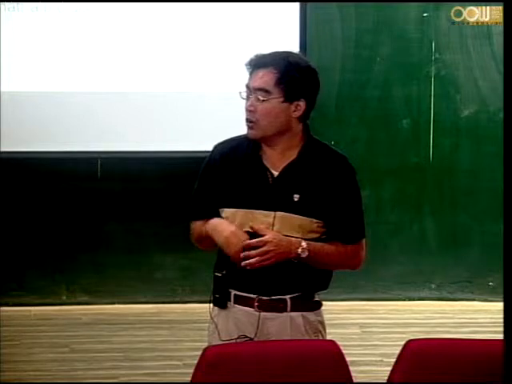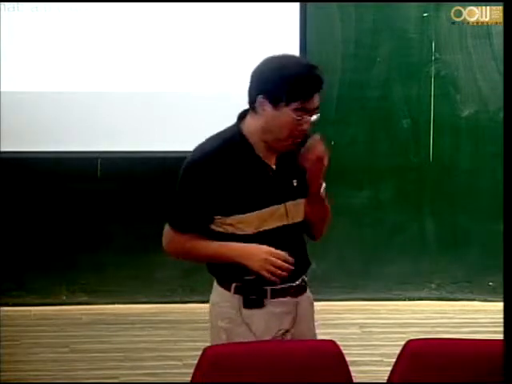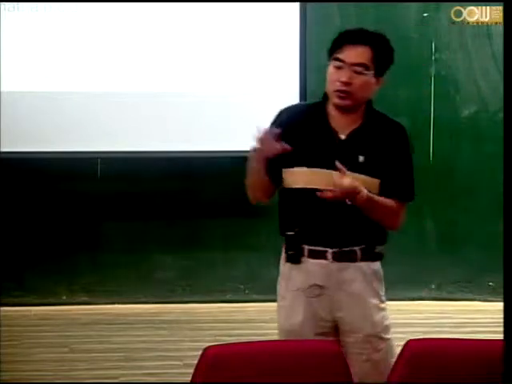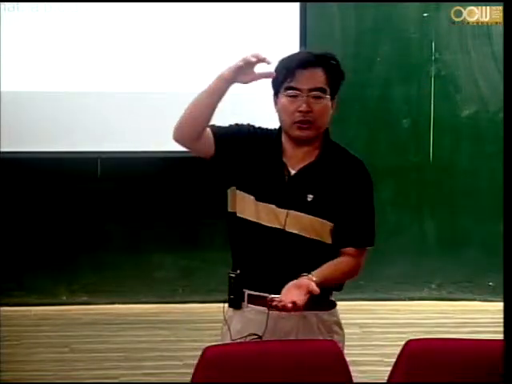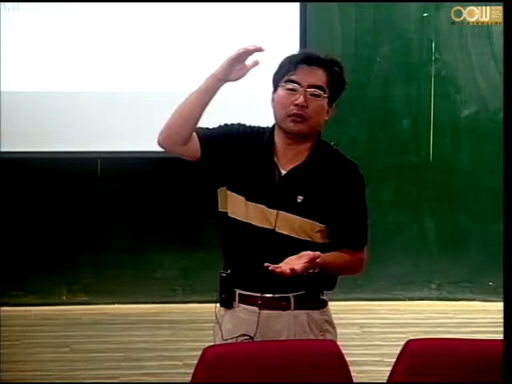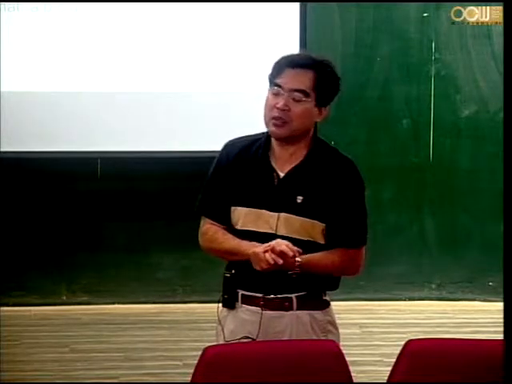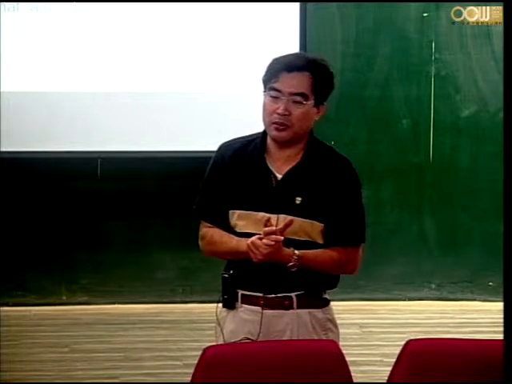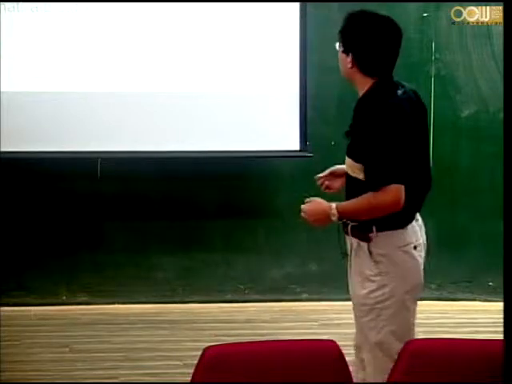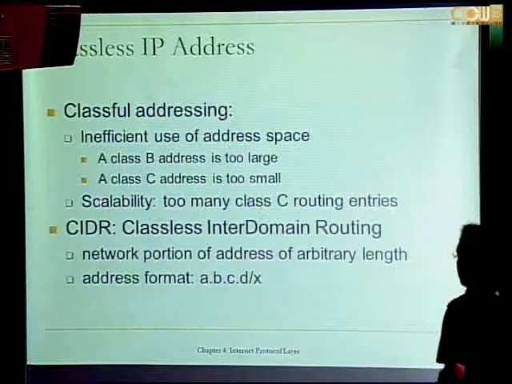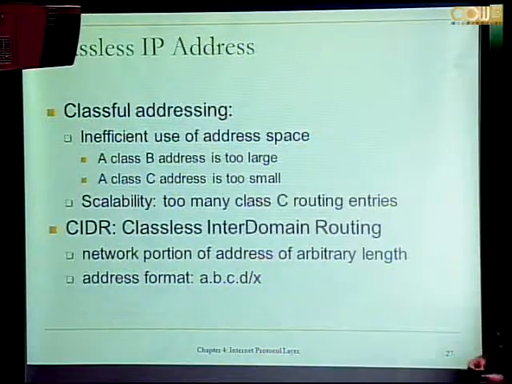So we want to treat these 16 Class C networks together as one address space instead of 16 address spaces. That way the routing table entries would not increase so fast worldwide in the backbone routers.